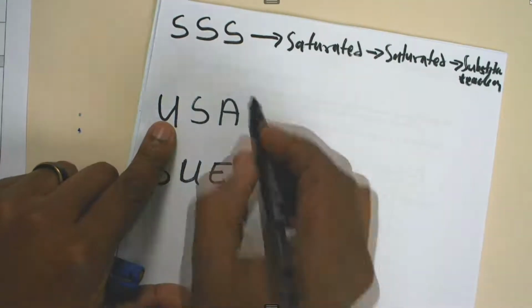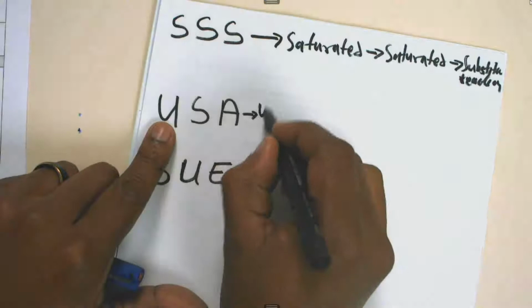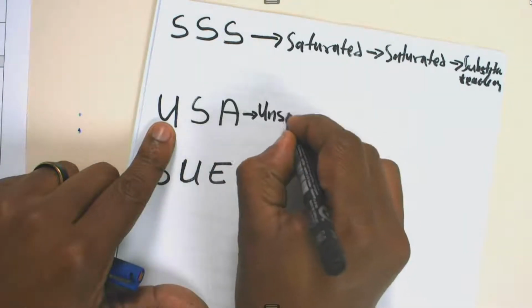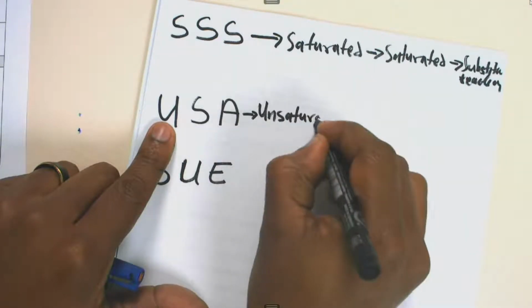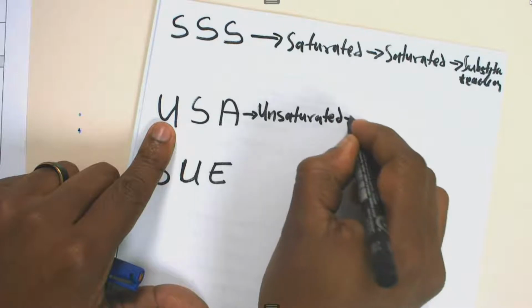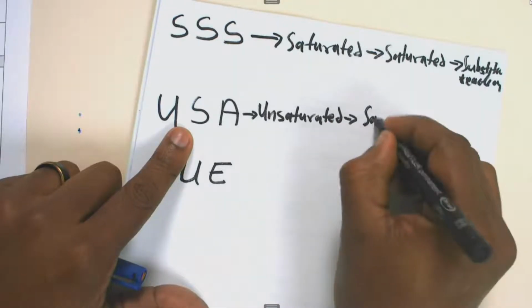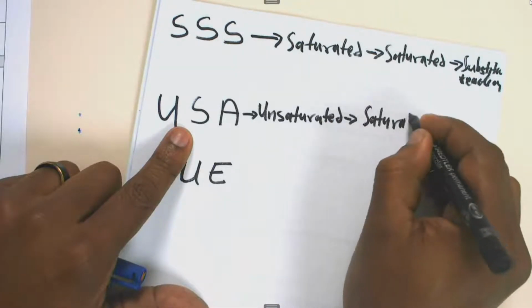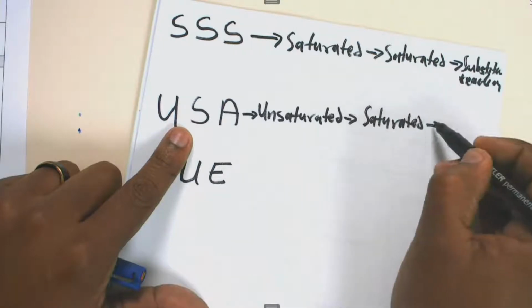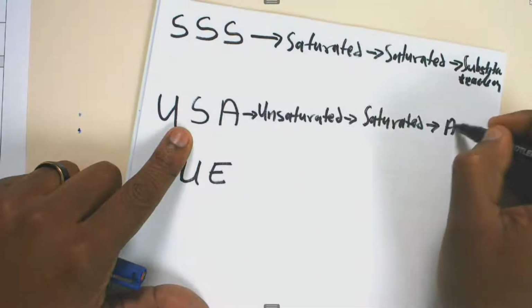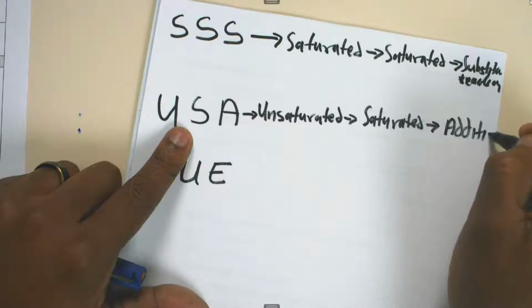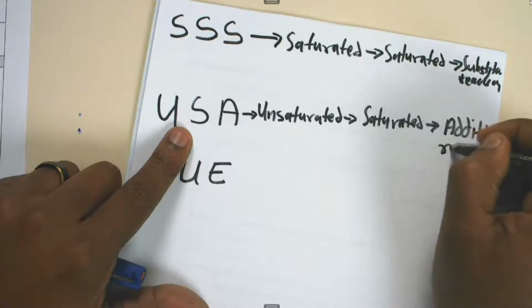If I am moving from unsaturated, the U, to saturated, it means I am talking about an addition reaction.